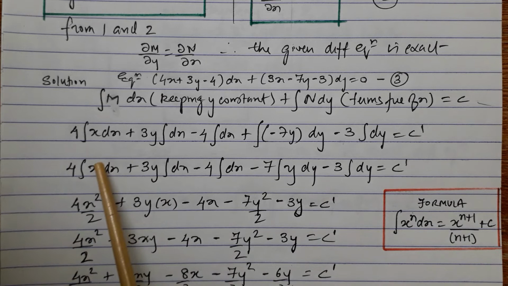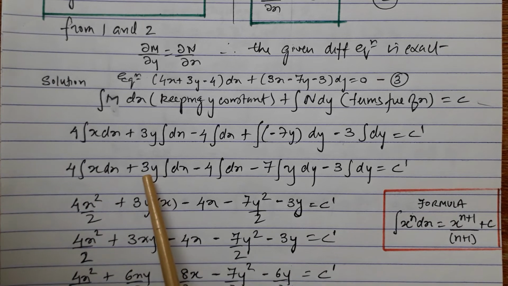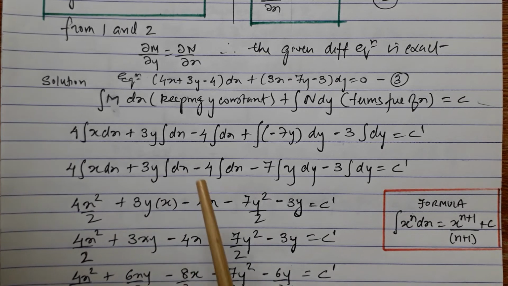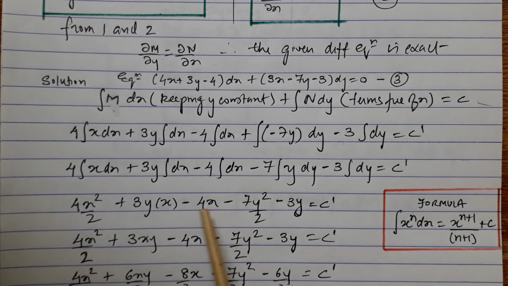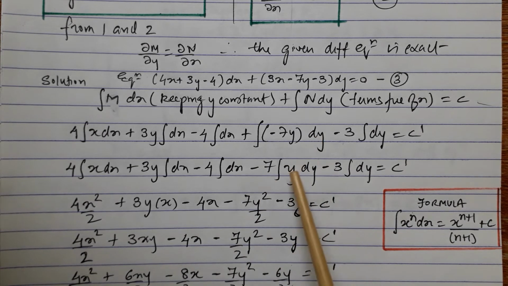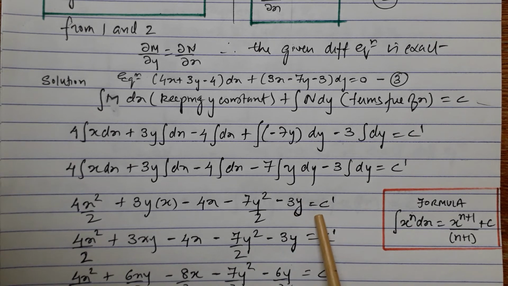Now if you see 4, x is x raised to 1, that would be x raised to 2 upon 2, plus 3y, integral of dx is x, so it is 3y into x, minus 4, integral of dx is x, so it is minus 4x, minus 7 integral y, that will be y raised to 1, so it will be minus 7 integral of y is y square by 2, so it is minus 7 y square by 2, and again integral of dy is y, so it is minus 3y is equal to c dash.